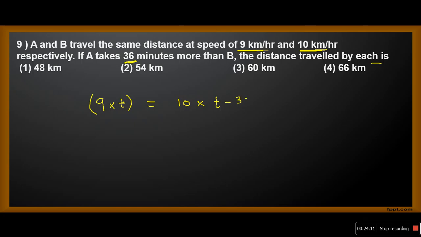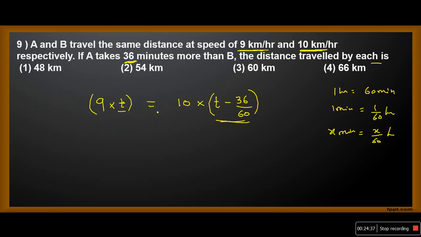Convert the 36 minutes to hours. So 36 by 60. 1 hour is equivalent to 60 minutes, so 1 minute is 1 by 60 of an hour. So x minutes is x by 60 of an hour. I am converting 36 minutes into hours, because the units must be the same.